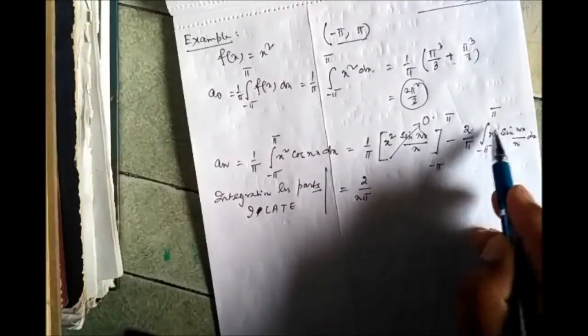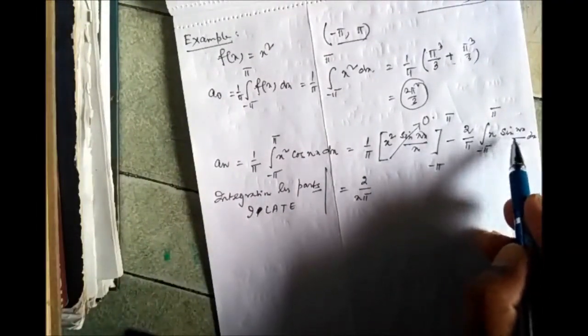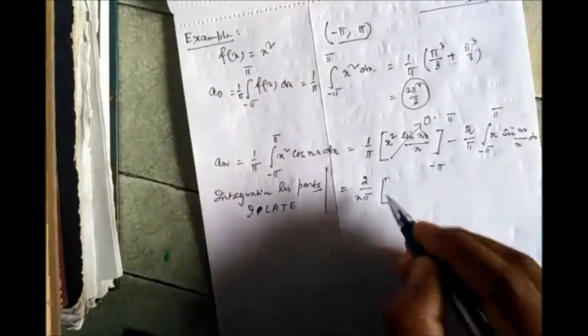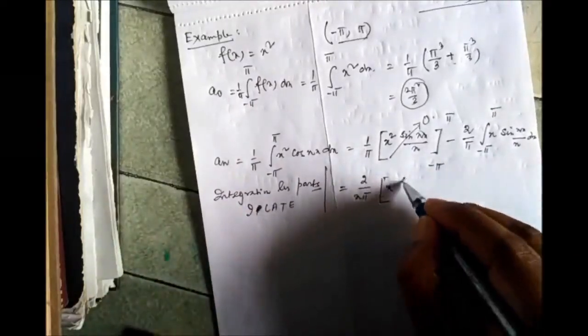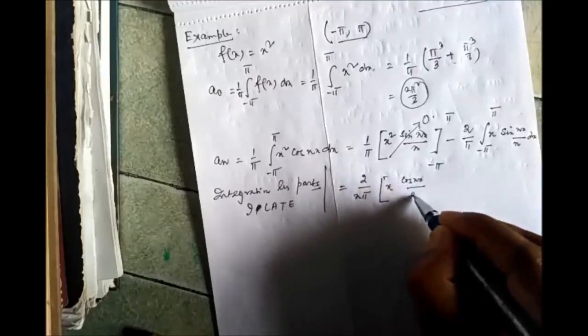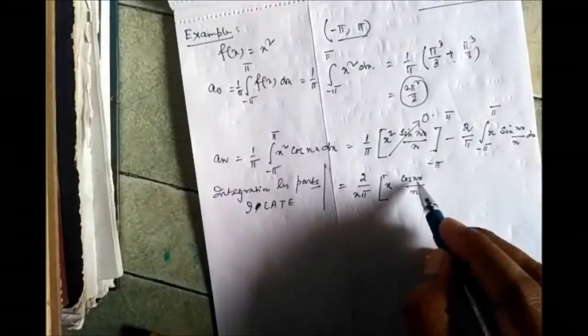Again integrate this part, x sine nx, by parts. You will get x cos nx by n, and then the integration of sine gives cos nx.